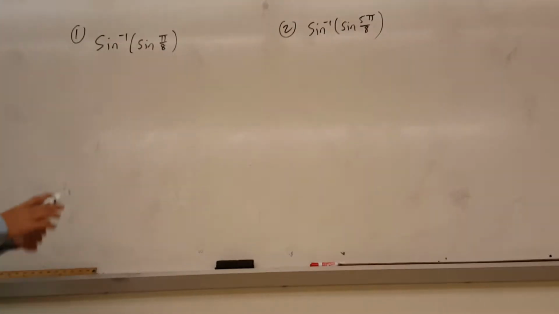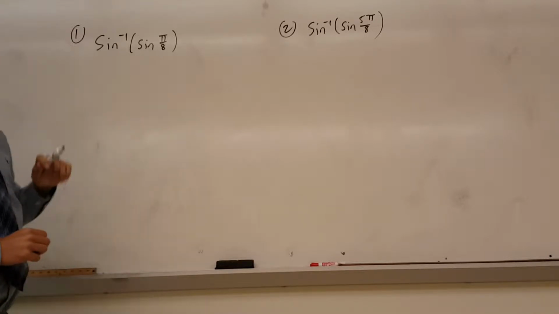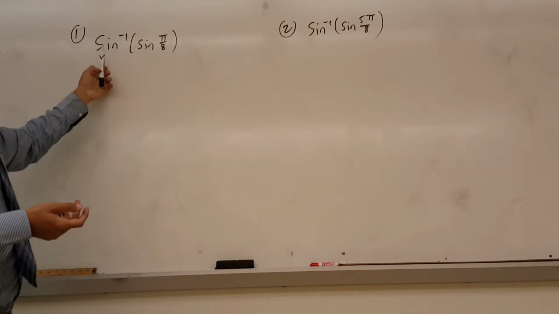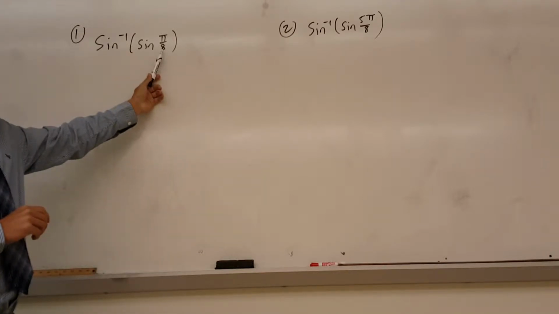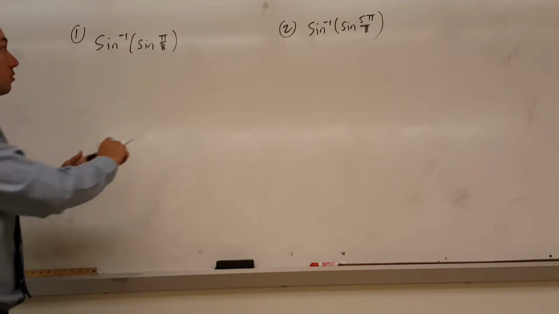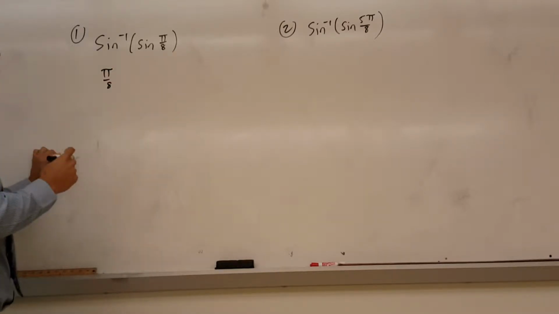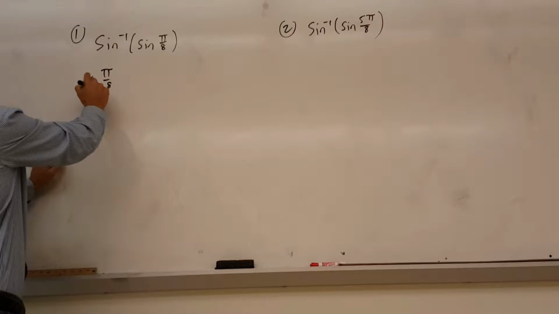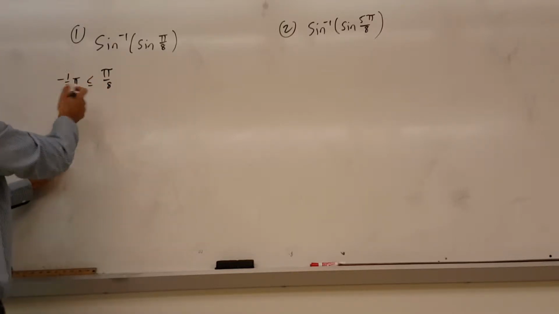All right, our first example: find the inverse sine of the sine of pi over 8. Now you might think these are going to cancel out, inverse sine and sine. Well, you've got to check and make sure the angle is within the right domain for sine. Is 1/8 of pi greater than or equal to negative 1/2 pi?